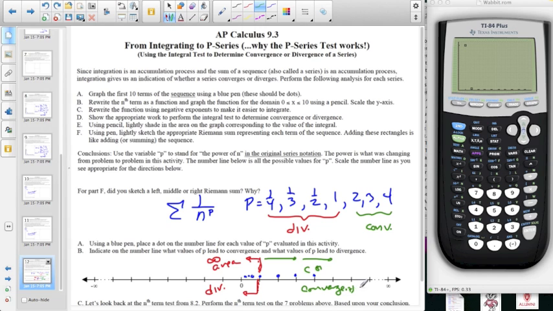And we saw that because we had a finite area when we performed the integral test.